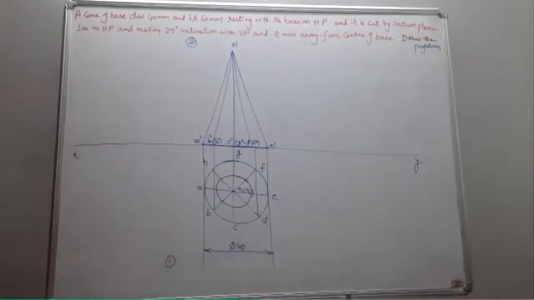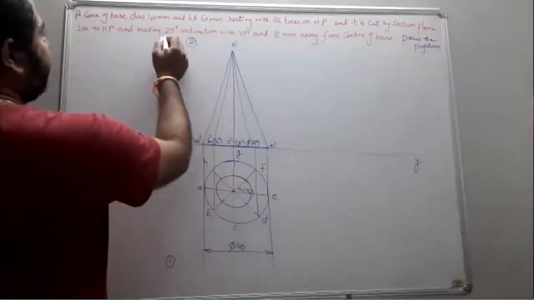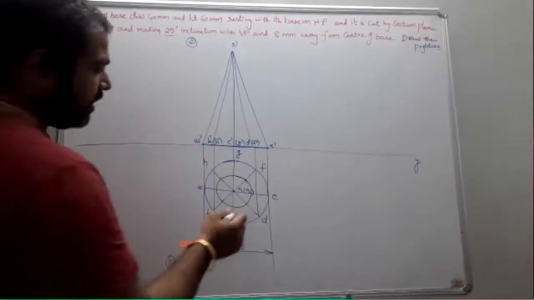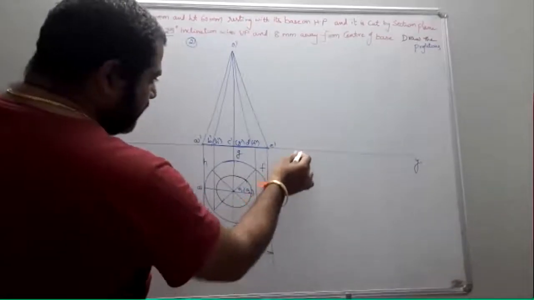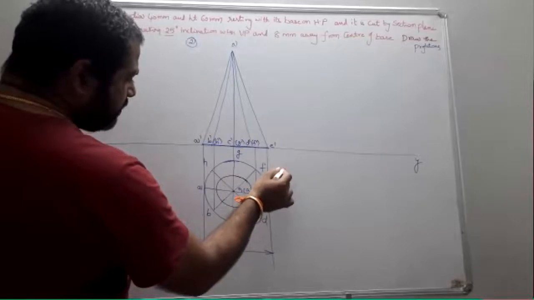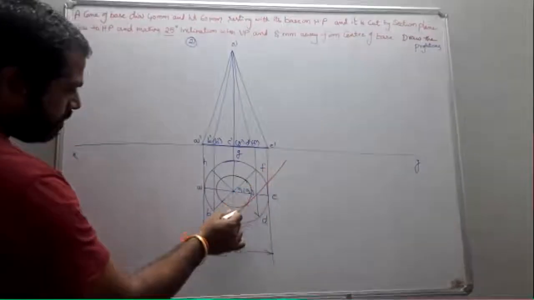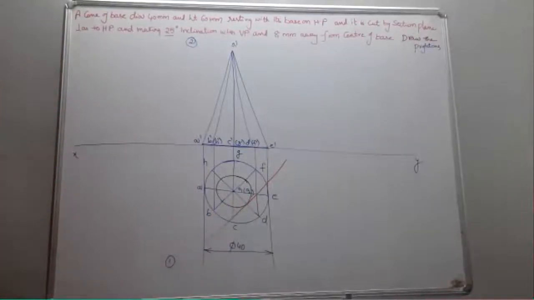Okay, now the cutting plane is going to be making an inclination of 25 degrees also. So you just draw your cutting plane, which is inclined, and it is supposed to pass through like this.